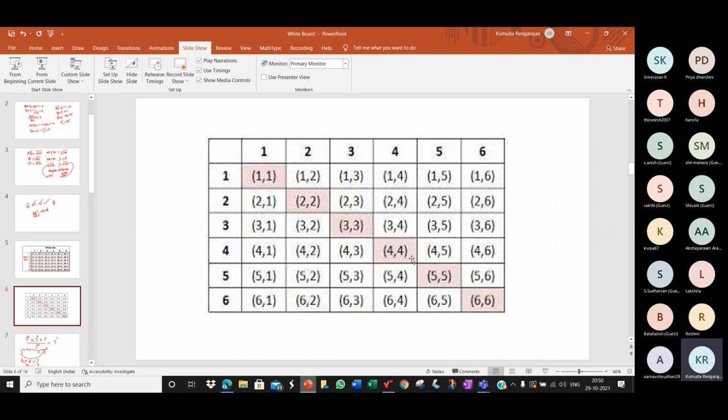Children, what is the probability that you get... no, I think we don't have time, so let me just tell you the difference. Getting some number on the first die and some other number on the second die is different from getting a number on one die and another number on the other die.